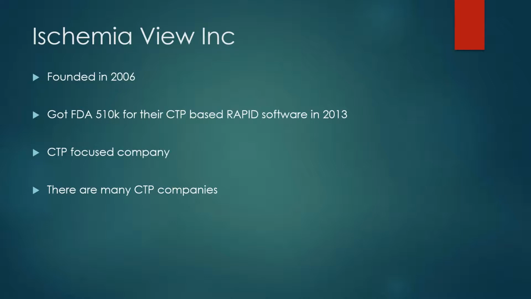For CTA, you probably take hundreds of images, but for CTP you can take thousands, and then you can analyze the dynamics of the flow of the contrast agent in the patient's brain to determine the damage. But it takes a lot of time, maybe 10 to 20 minutes. So usually it's not the first option for stroke patients, especially acute stroke patients. It's usually used to assess the damage after treatment or when the patient's condition is stable. That's why I said it might not be a direct competitor at all.